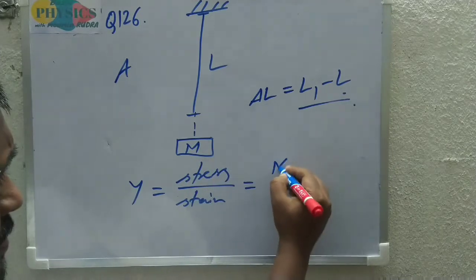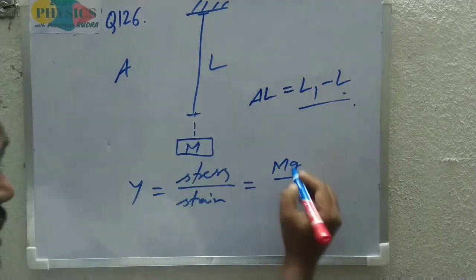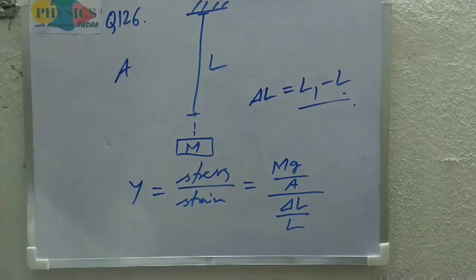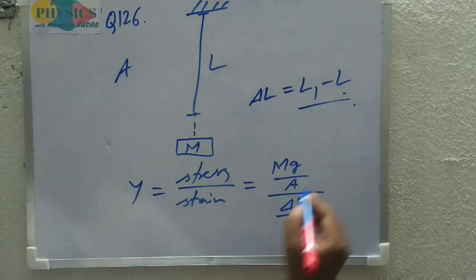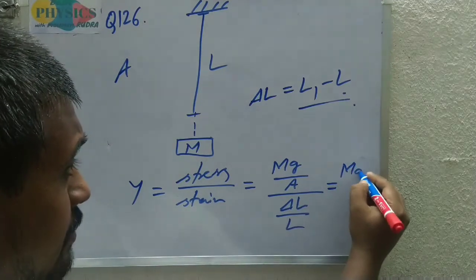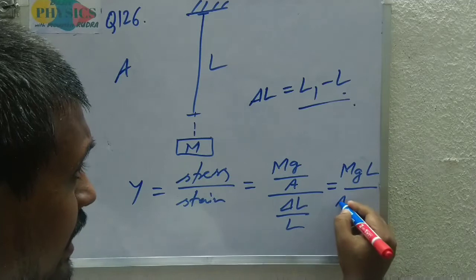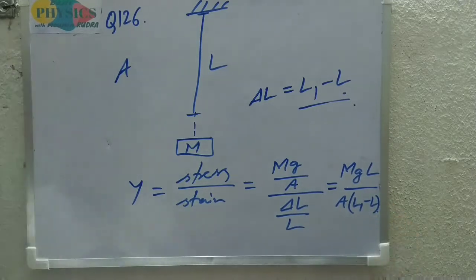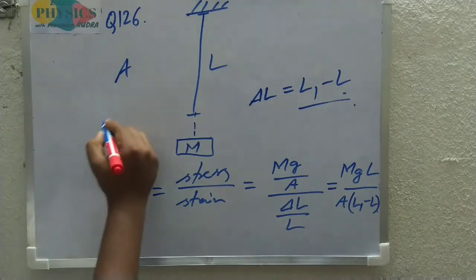Here force is mg by cross-sectional area A, divided by delta L by L. So from this, mg L by A into delta L, where delta L means L1 minus L. So Young's modulus is mg L by A into L1 minus L. Okay, so option 3 is the right answer.